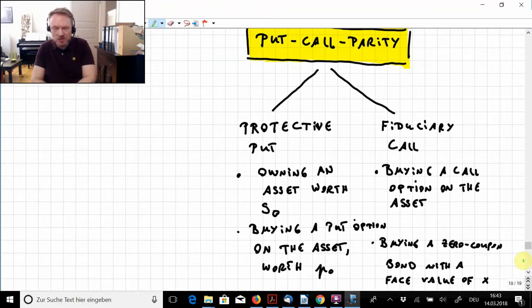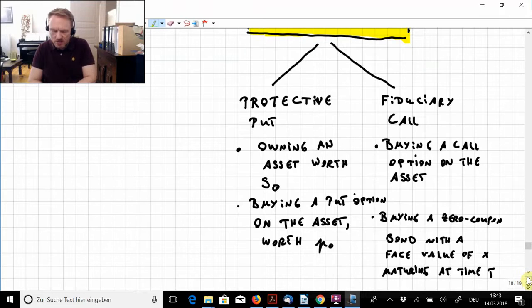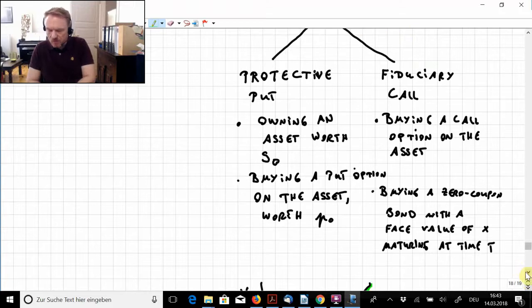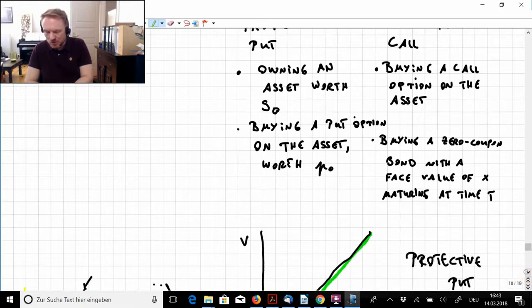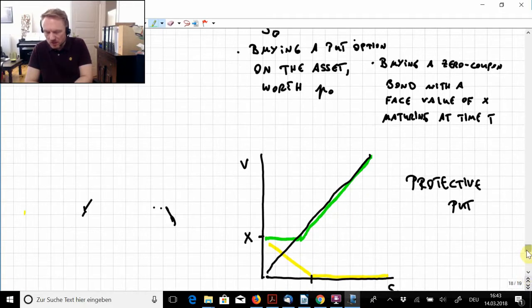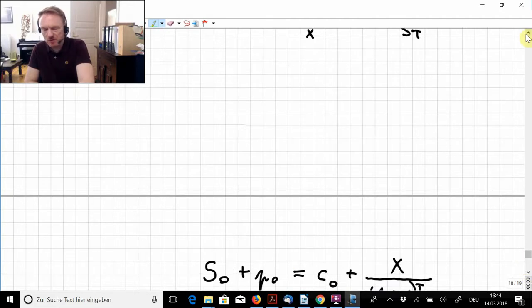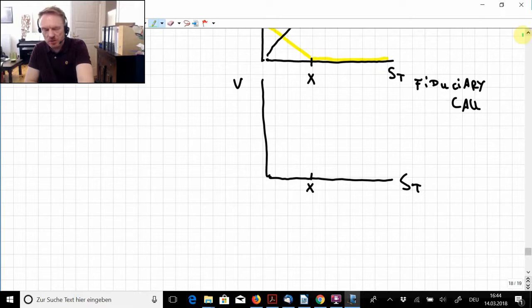Buying a call option on this very asset we've been talking about, and secondly, buying a zero coupon bond without any risk at all, with a face value of X, like the exercise price X we've been talking about concerning the long put and the long call, maturing at time T. So again, we need to think about what the value of this is, in a second diagram.